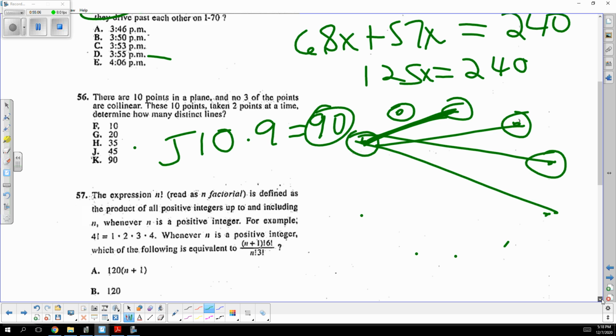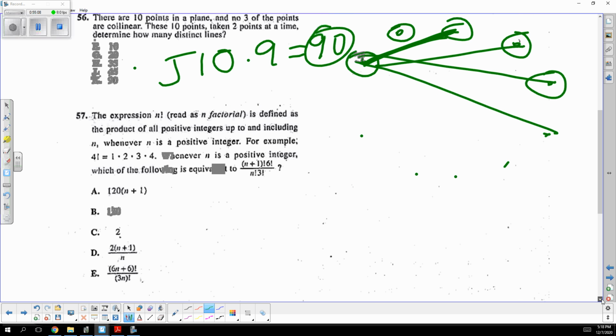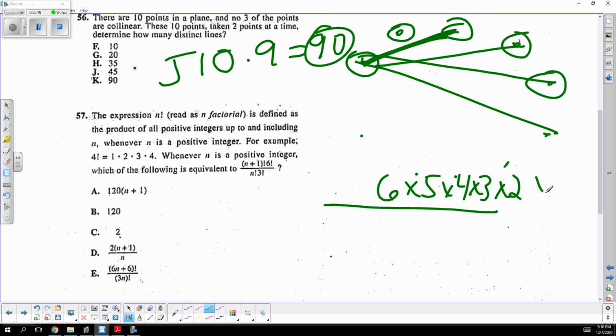Okay? This is playing with factorial. 6 factorial is 6 times 5 times 4 times 3 times 2 times 1. 3 factorial is that. They cancel. N plus 1 stays ahead by the highest number.